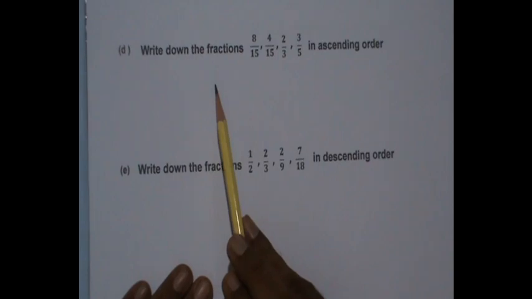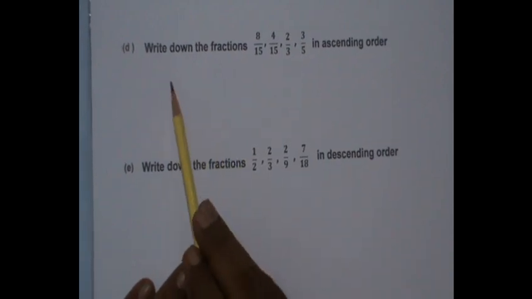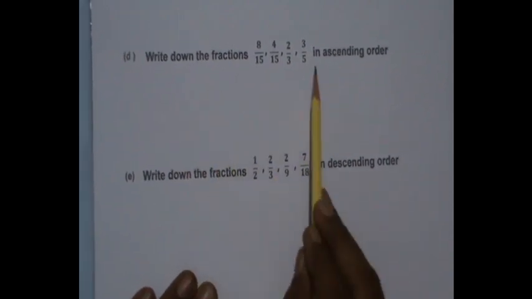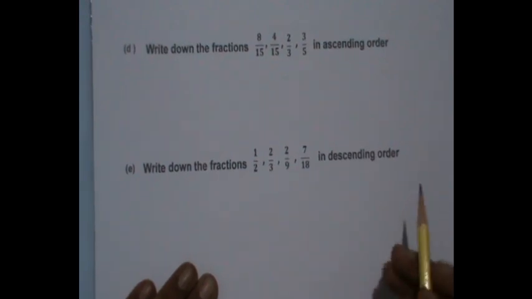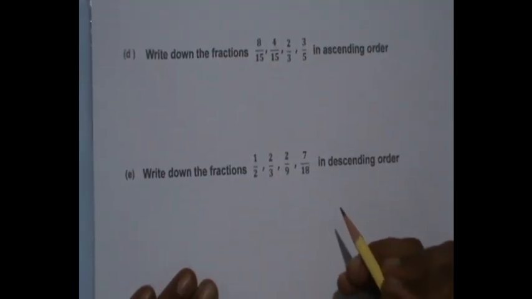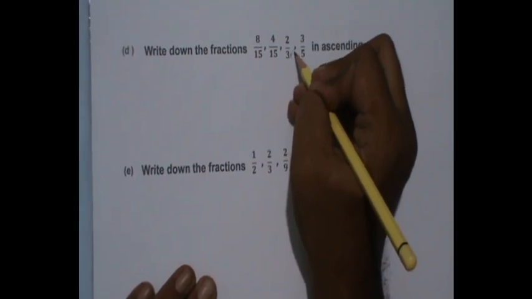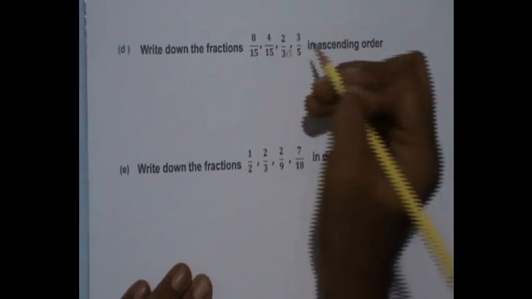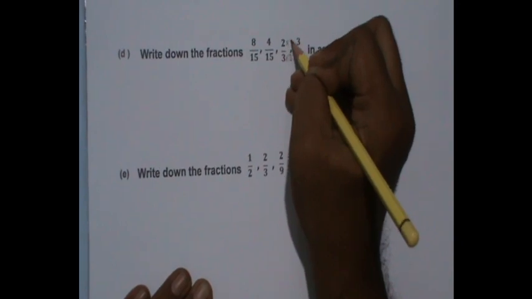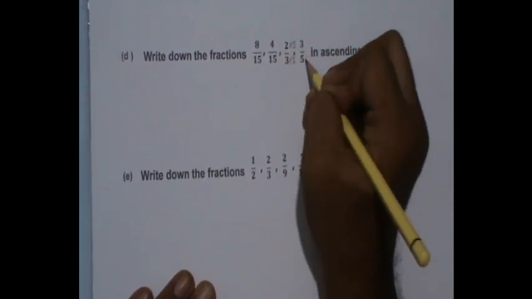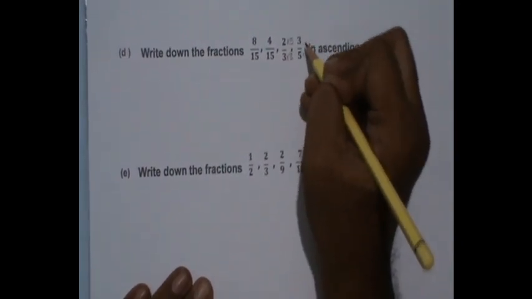Okay. The question D, write down the fractions in ascending order. So we have to make all denominators the same. We have to multiply by 5 to get 15, and here also by 3 to get 15.